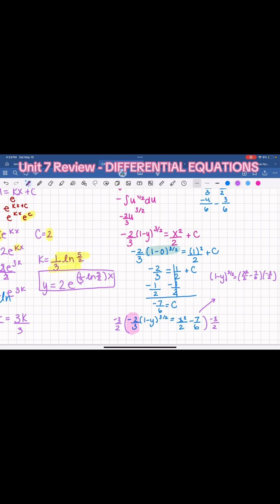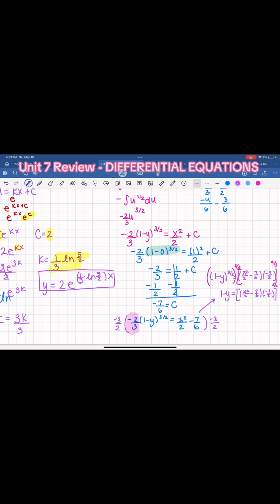To get rid of the power of 3 halves, I'm going to raise both sides to the 2/3 power. So let's go ahead and do that. And you're going to be left with 1 minus y equals x squared over 2 minus 7/6 times negative 3 halves to the 2/3 power. And then I'm going to rearrange it.